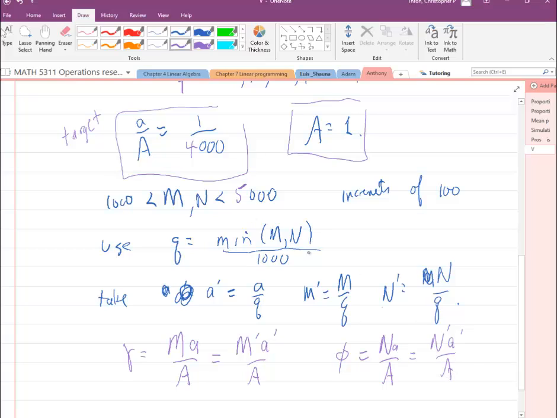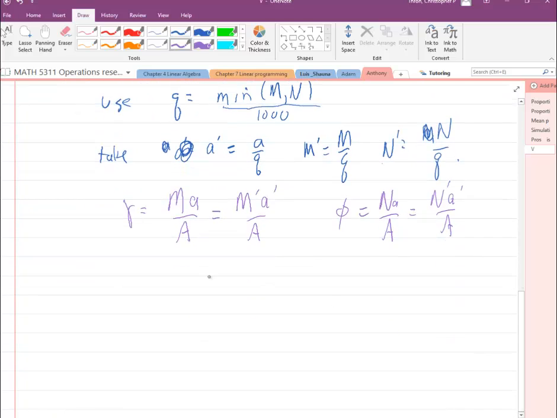Now, why do I do this minimum? Because this will guarantee that M and N will be bigger than 1,000. I don't want M and N to be too small, but I want to make sure that M and N are at least equal to 1,000 so that my simulation has an adequate number of sets. Okay, so that's what the procedure is.